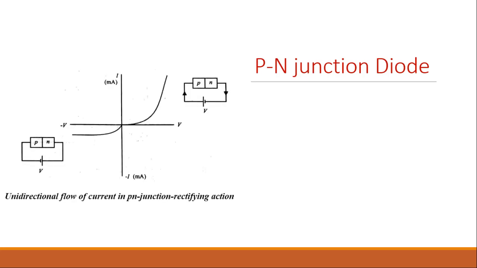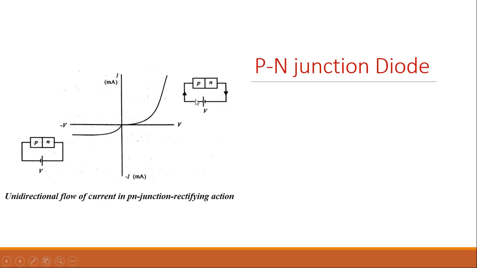So, when we see the behavior of a p-n junction diode with respect to the bias voltage applied externally, you can see the behavior is very different from the individual p-type semiconductor. The figure to the left shows you the behavior of a p-n junction diode when it is connected to an external bias.